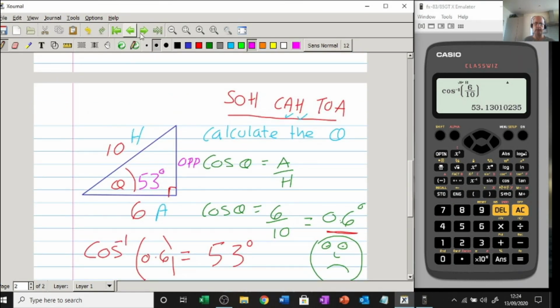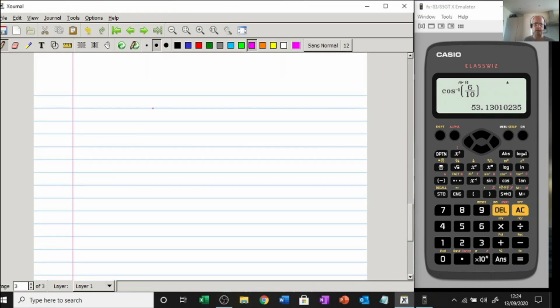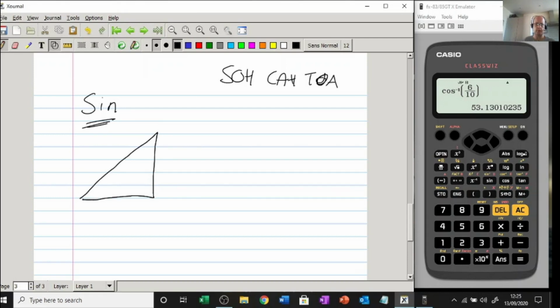So we'll have a go at, what should we do now? Let's do sine, because I've written it down, so we'll use sine. Don't forget SOHCAHTOA. That's an O. So sine, using sine to calculate an angle. Alright, 90 degrees, just squint a bit. And I've got 12 here, say 12 newtons or 12 meters, whatever.